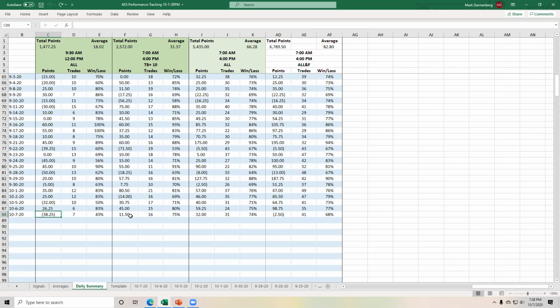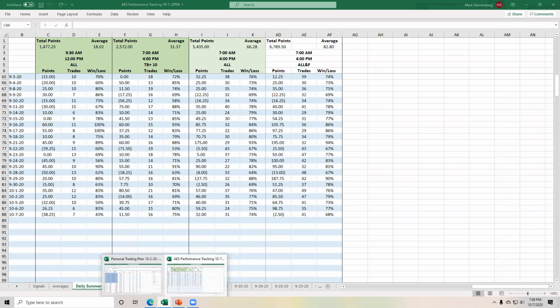And in the 7 to 4 category, we made 11.5 points, and we did 16 trades. So it was a little more sluggish today when I was looking at the market. I was away from the market a little bit today. Aaron and Michael were hosting the room, and generally it was just a little more sluggish. So not great point production, but here's what we do with that information.